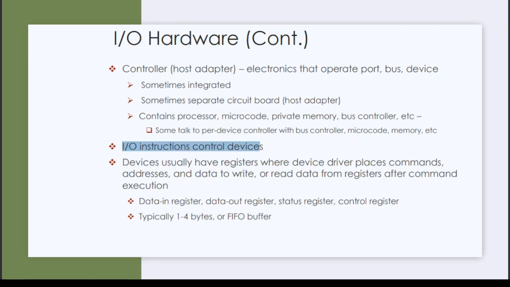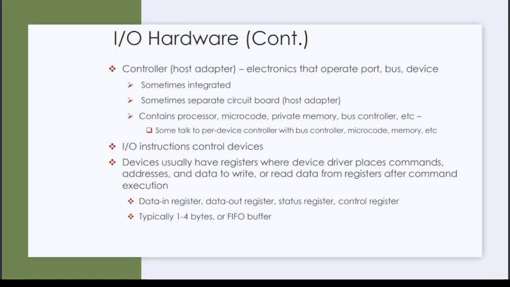IO instructions control devices. There are many instructions that control different types of devices, like in controls the input devices, and out instructions are used for giving output to a device like a monitor. Devices usually have registers where the device driver places commands, addresses, and data to write, or reads data from registers after command execution.